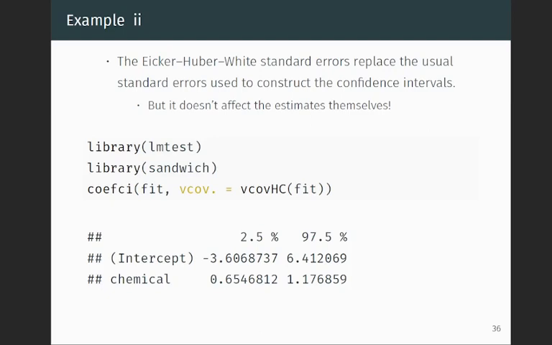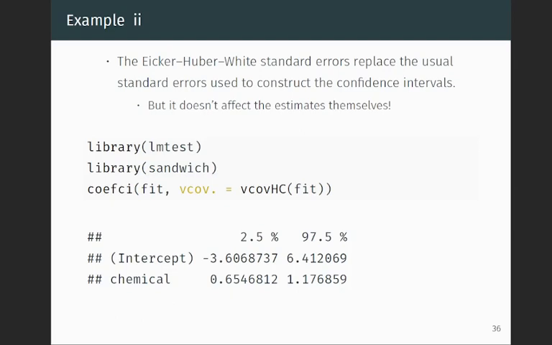Okay, so what we're doing here is computing the confidence intervals using a different function called coefci. The first argument is still the object fit, but then the second argument is vcov dot, that's the name of the argument, and then we need to specify the way to estimate those standard errors.